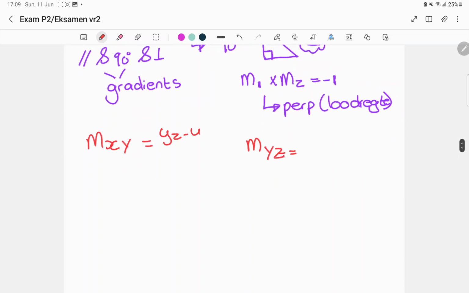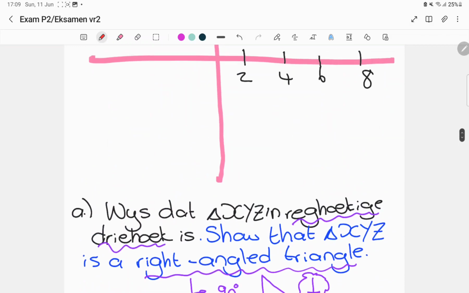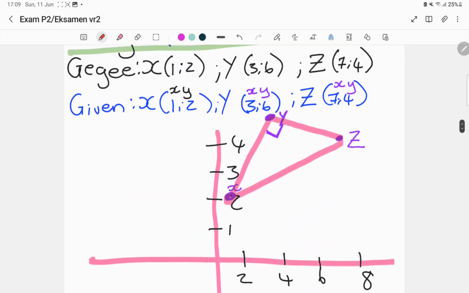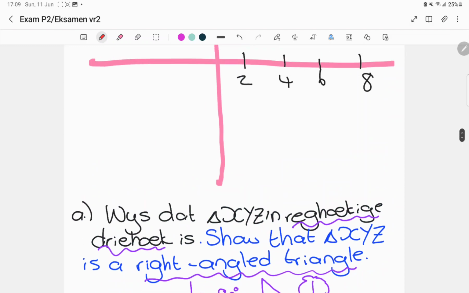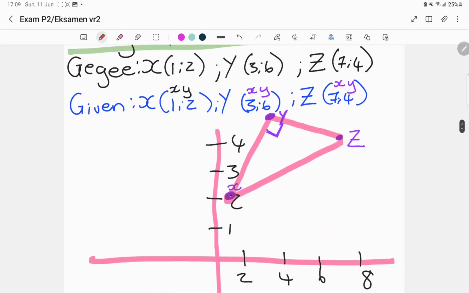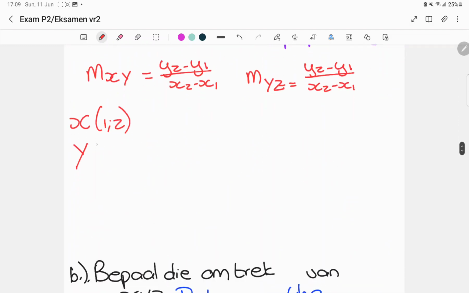We always start by writing down our formula. So it's Y2 minus Y1 over X2 minus X1. Now my X coordinate was the point (1, 2), and my Y coordinate is the point (3, 6).